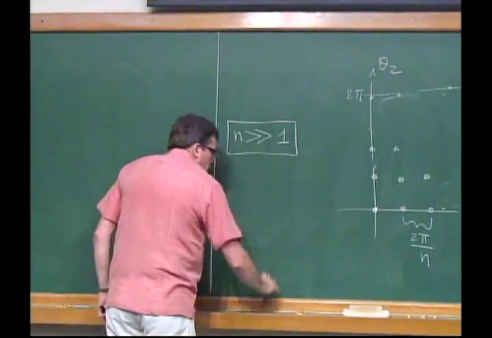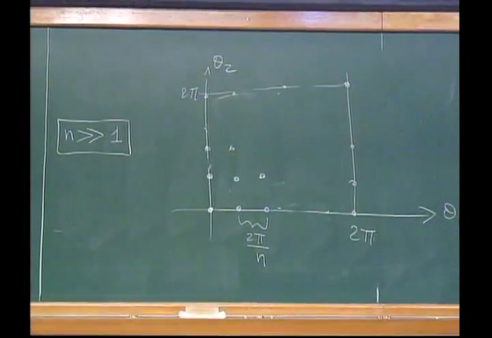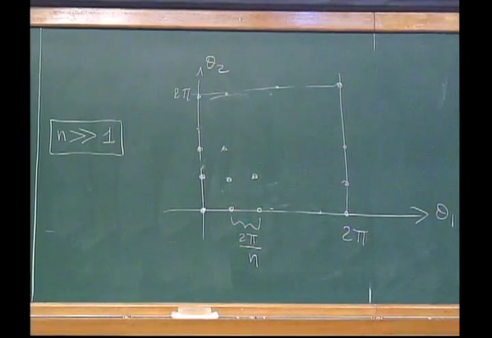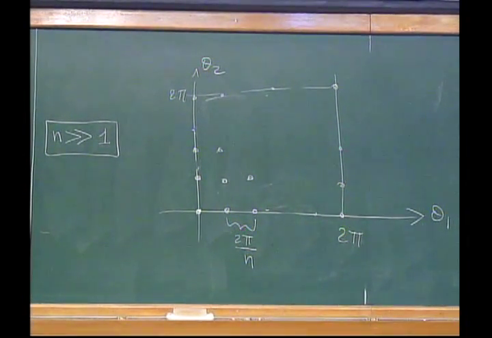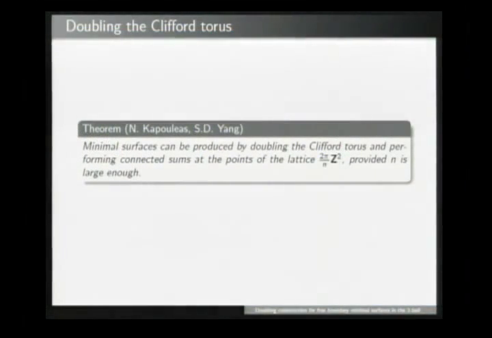So here there is no continuous parameter, there is a discrete parameter, and what they claim is that if the number n is large enough, and you do this doubling construction, then what you end up with is not a constant mean curvature surface, but a minimal surface. So let me try to explain where this condition enters in the construction.